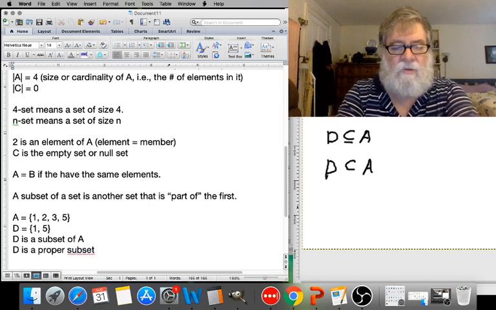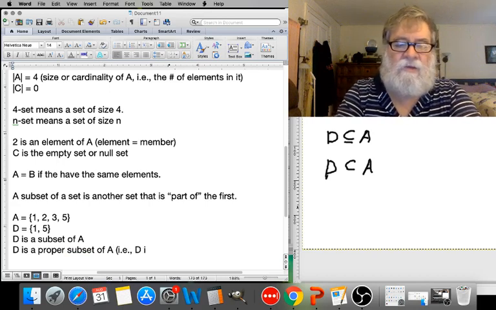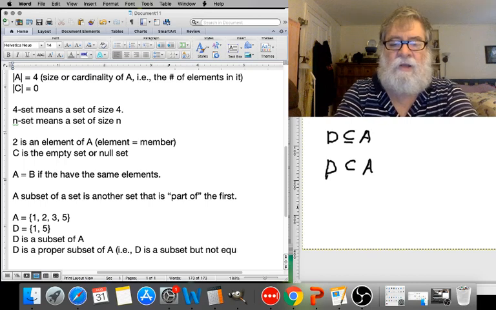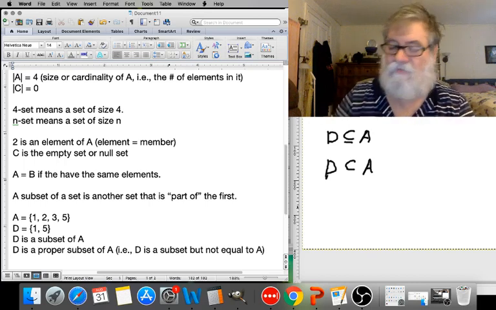Means, i.e., D is a subset but not equal to A. So A is a subset of itself, but A is not a proper subset of itself.